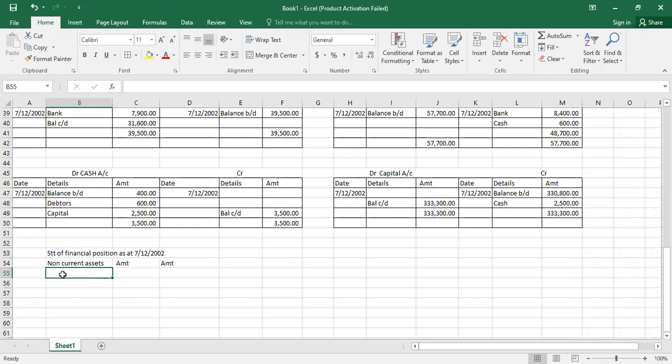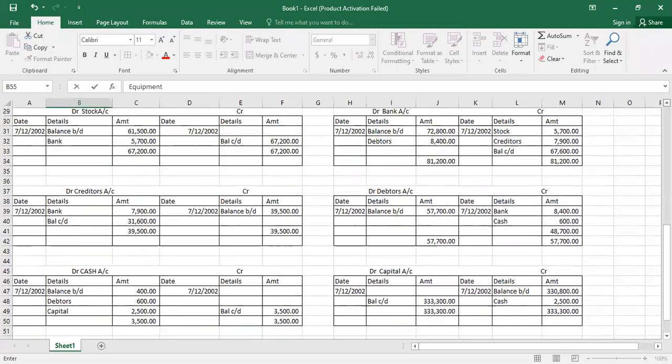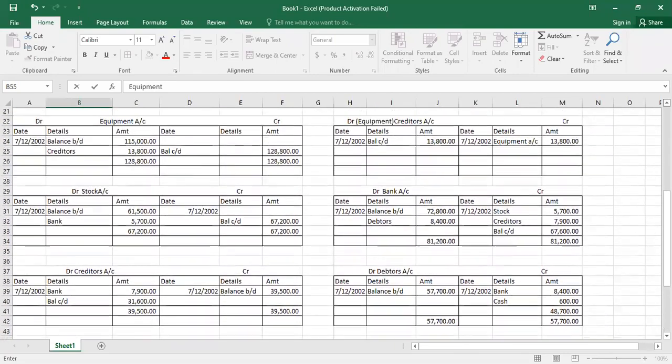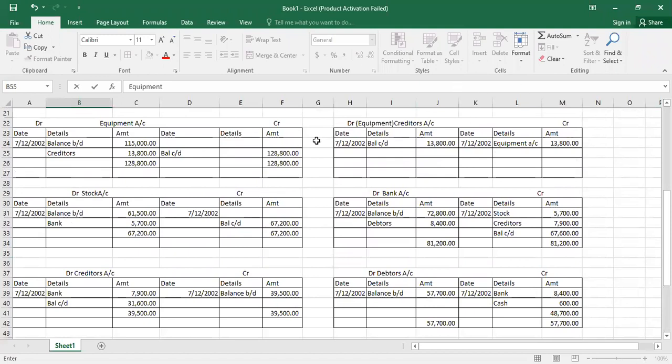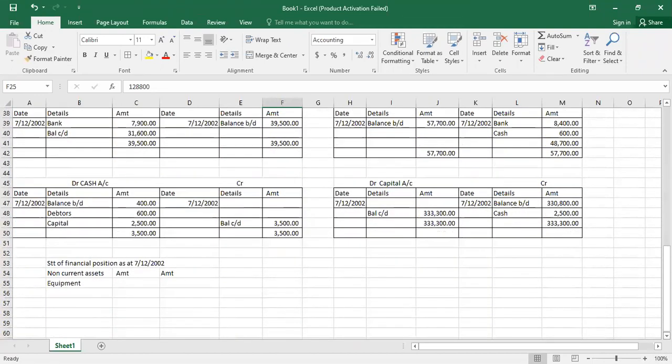We have the equipment, right? What's the value of equipment? You work with the balance that you are carrying downward. So you can see the value for equipment is 128,800. So we'll talk of 128,800.